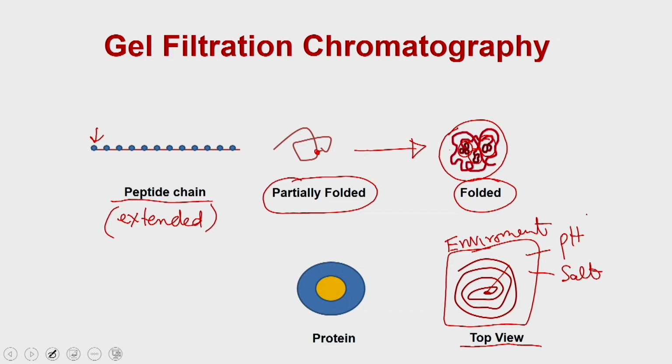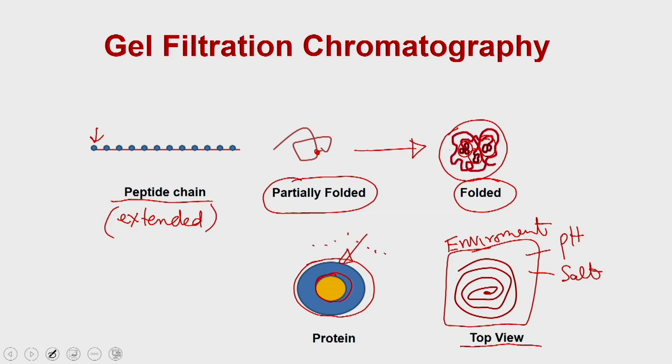And what you can see in a fully folded protein is that the protein arranges the hydrophobic molecules in the center and the hydrophilic molecules around it, and that is required because the microenvironment in most cases is hydrophilic in nature, which means that you have water outside.